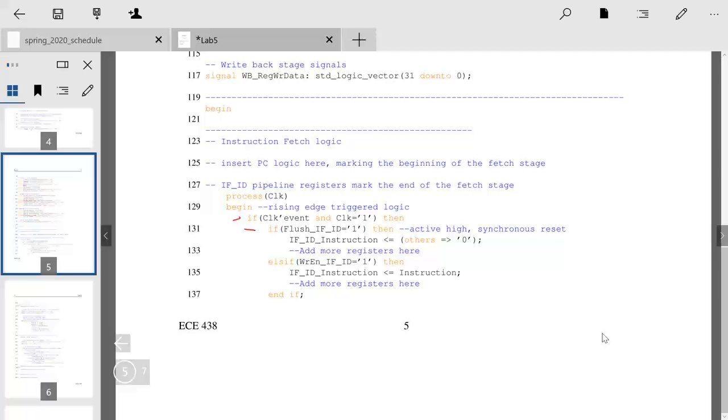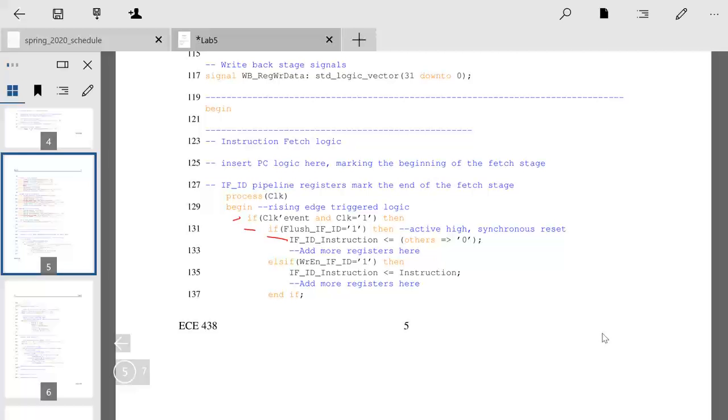If the flush IFID signal is asserted, then set everything in that register to 0. So when the pipeline control unit wants to flush an instruction, this is how it does it. It will assert the flush IFID signal, which is going to flush the instruction in the IFID register.